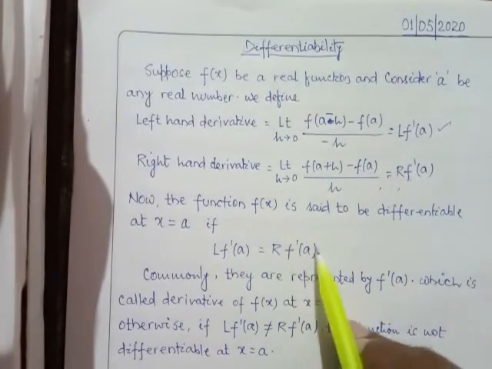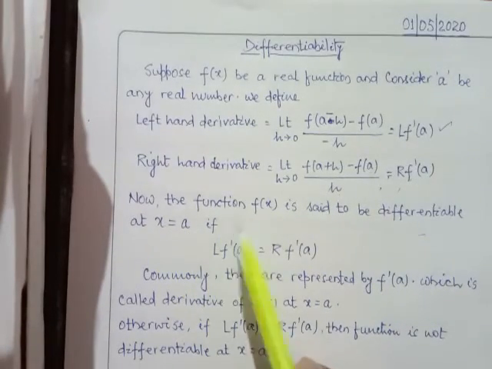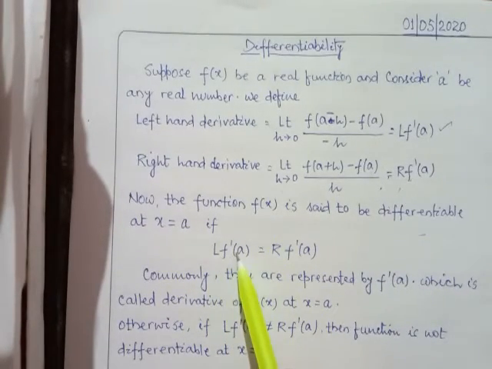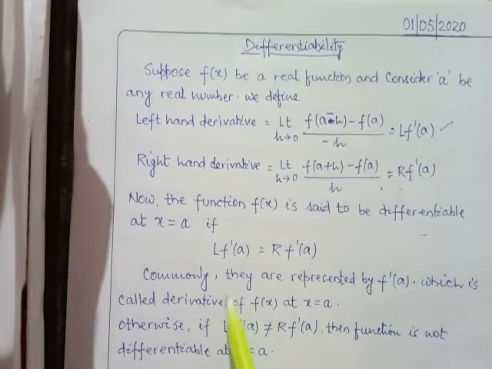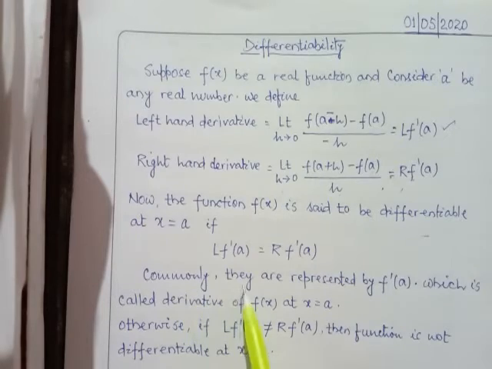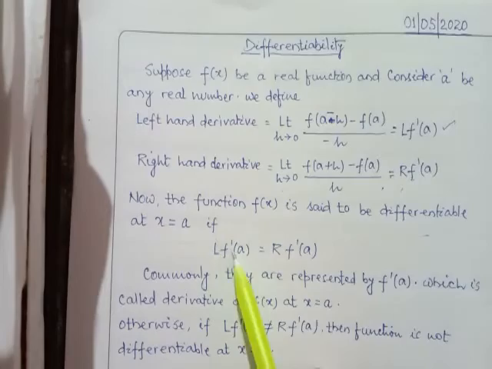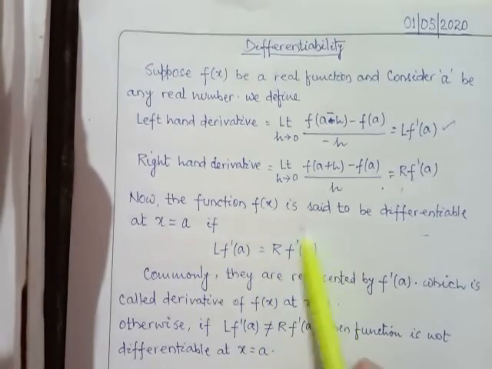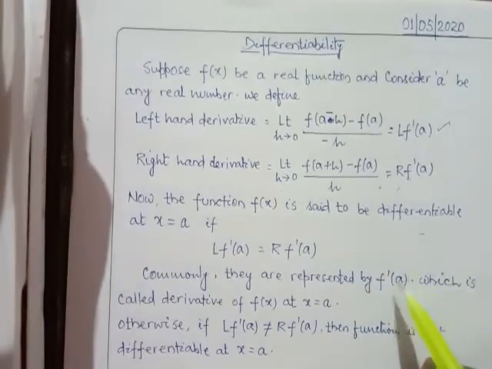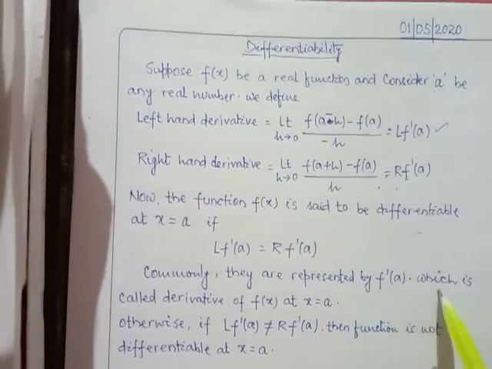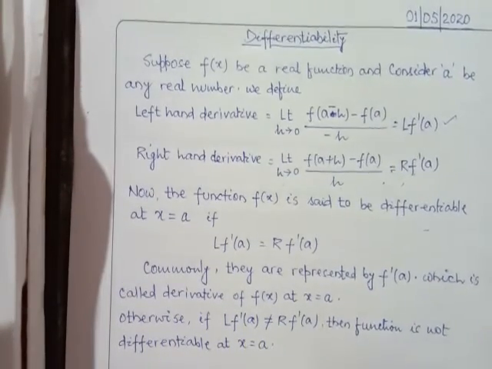So the function f(x) is said to be differentiable at x equals a if the left hand derivative of f equals the right hand derivative of f, and commonly they are represented by f dash a, which is called the derivative of f(x) at x equals a.